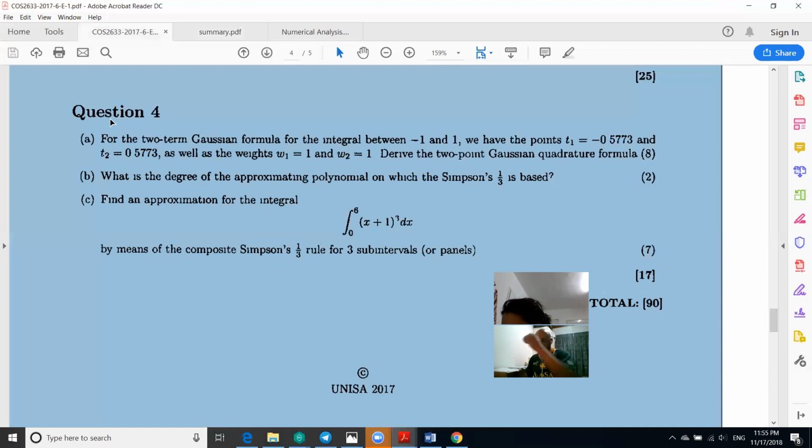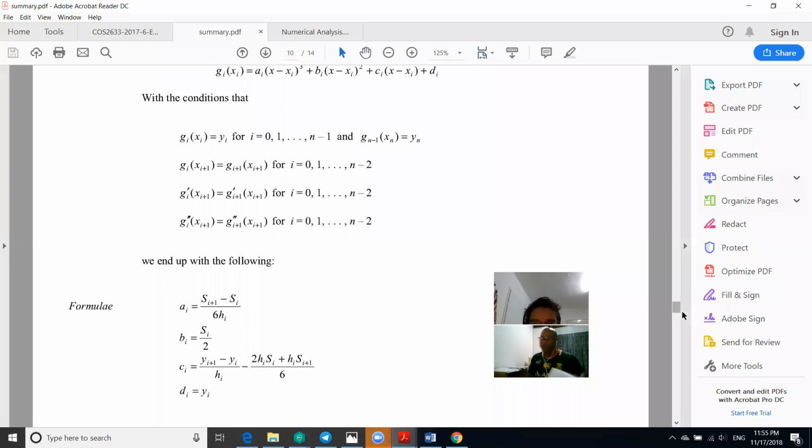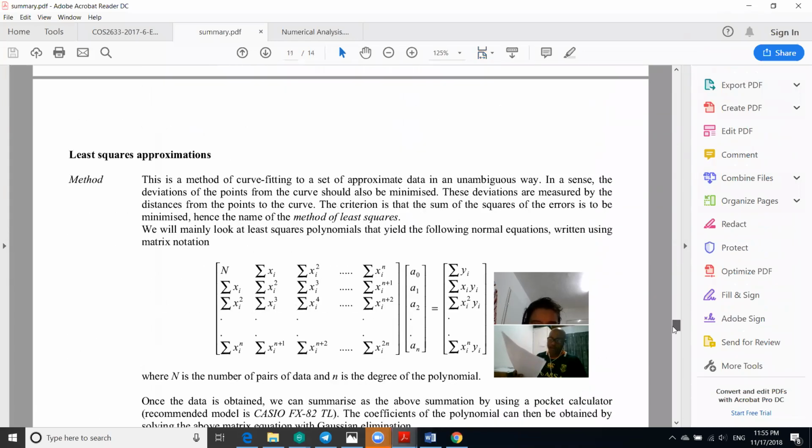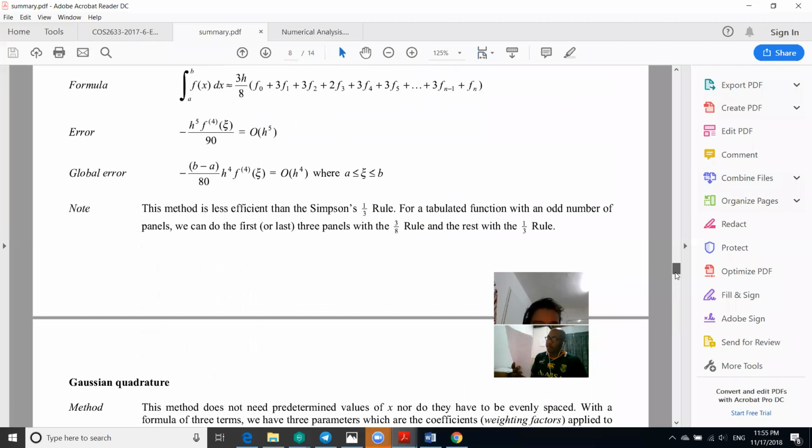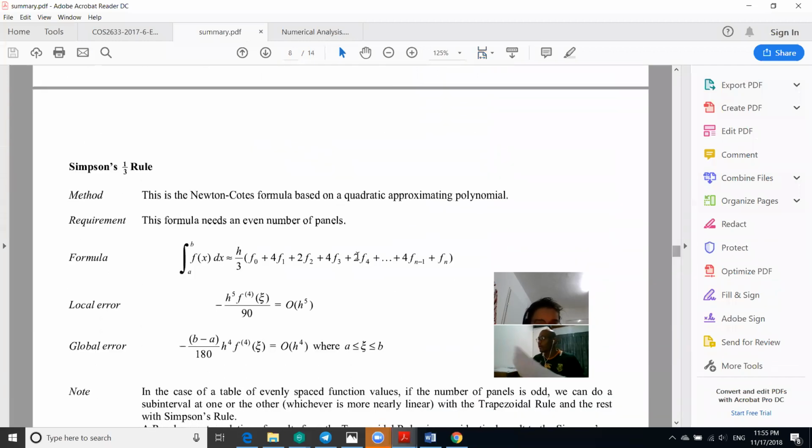The way I memorized this equation is that on either side we have times 1, times 1. In the middle we have 4, 2, 4, 2, until right before the end, where it's going to be a 4.